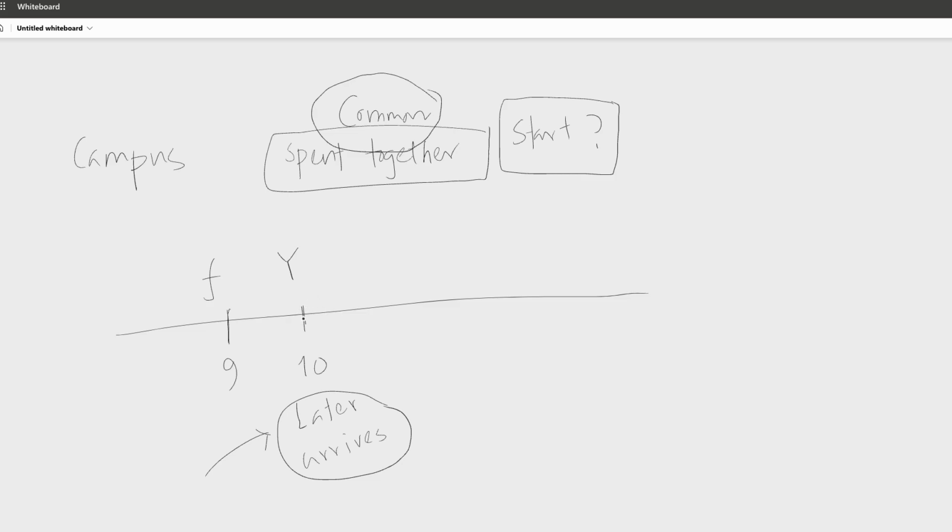Then you spend some time there and you leave the campus at 1 p.m. and your friend leaves the campus at 5 p.m. So what's the common portion? The end time will be the earlier leave, or earlier departure.